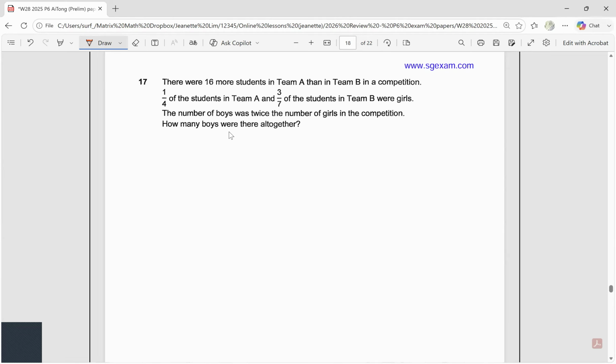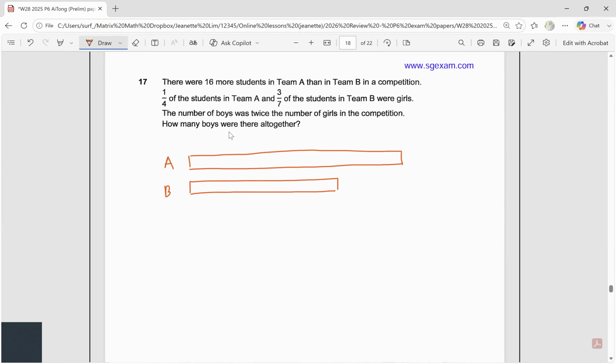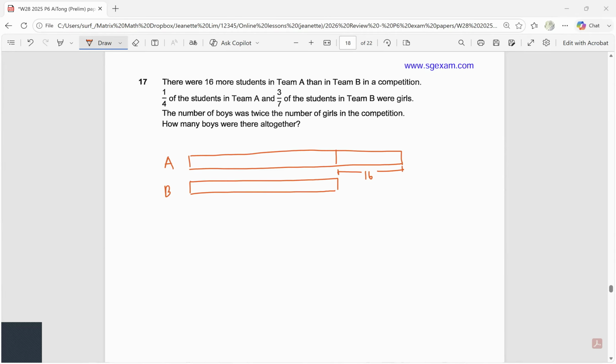So firstly, there were 16 more in A than B. So for A, let's draw this long. The difference is 16. Then we want to take 1/4 of A. So 1/4 of A out.